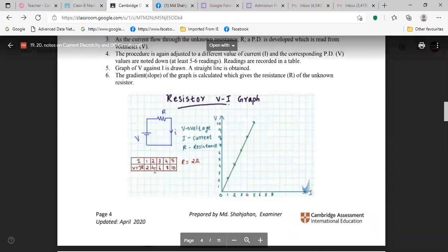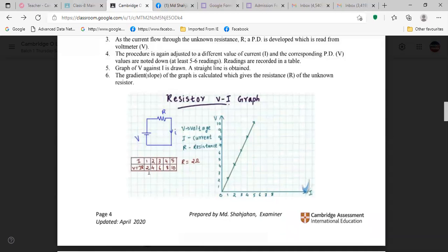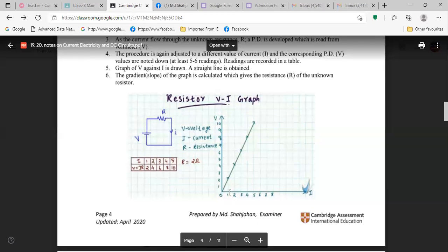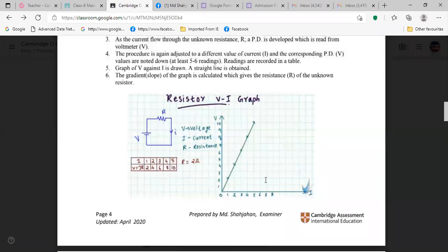You see the table. If the voltage is 2 in the voltmeter, the current is 1 ampere. The voltage is 4, the current is 2. Voltage is 6, current is 3. This way, we have 5 readings and we are plotting the graph. You see here, voltage versus current.